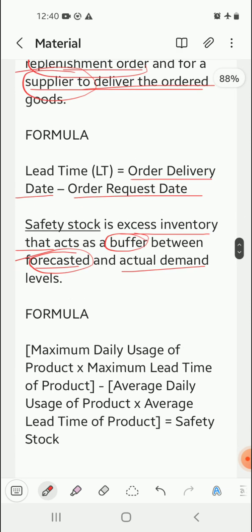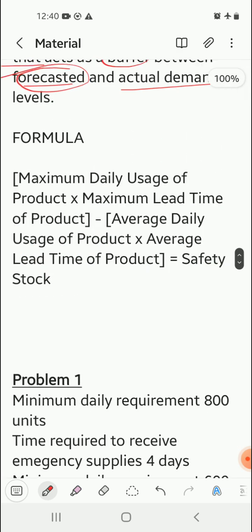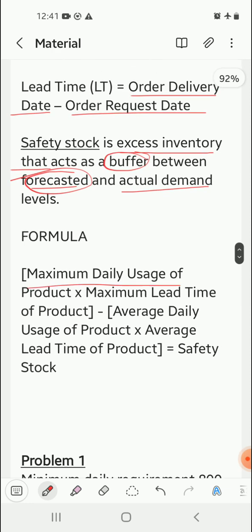Its formula is the maximum daily usage of product and the maximum lead time, to be subtracted by the average daily usage of the product and the average lead time of the product. In simple words, we have to find the difference between the maximum daily usage and lead time minus the average usage of the product and the lead time.